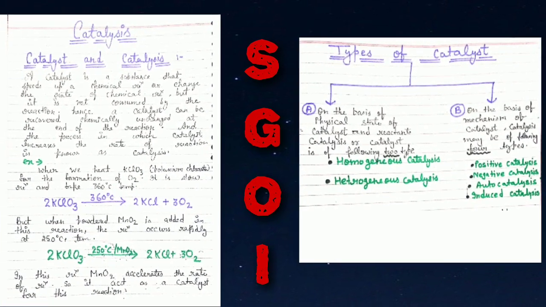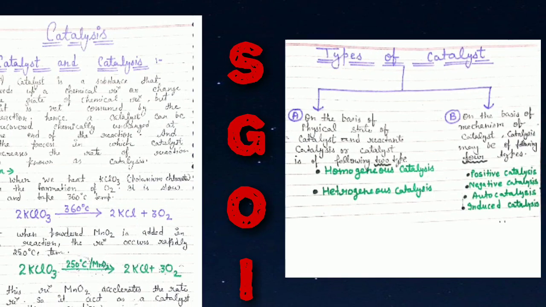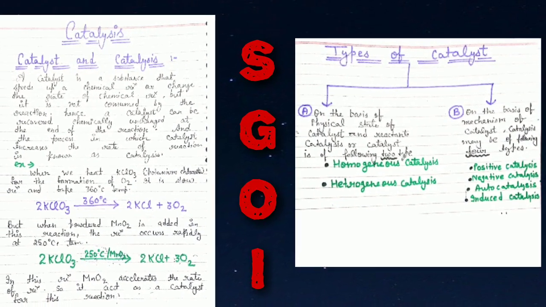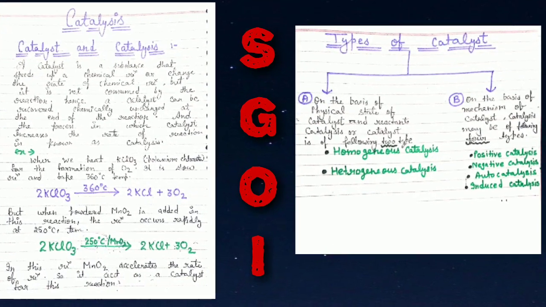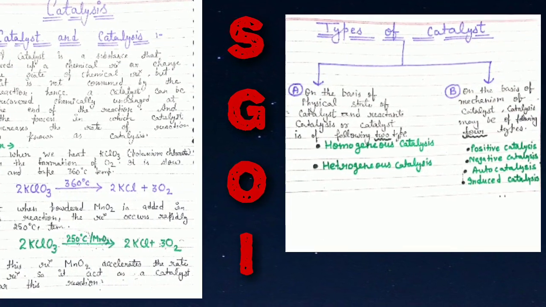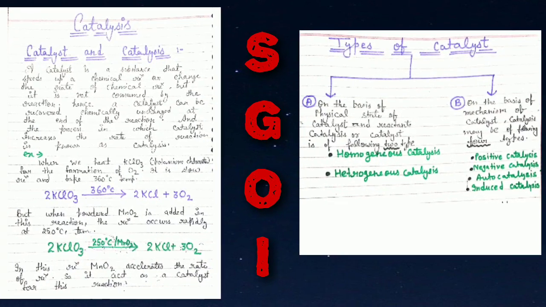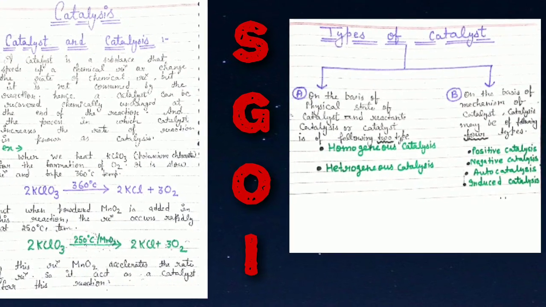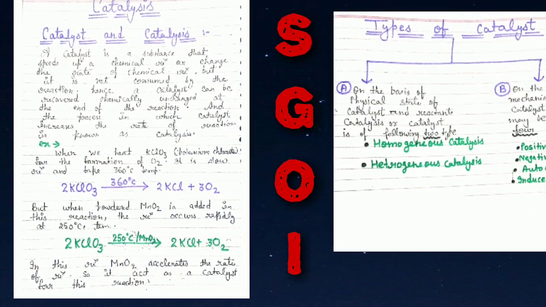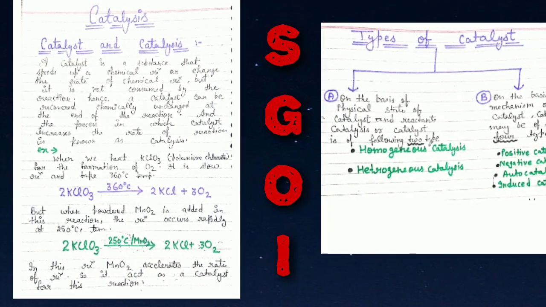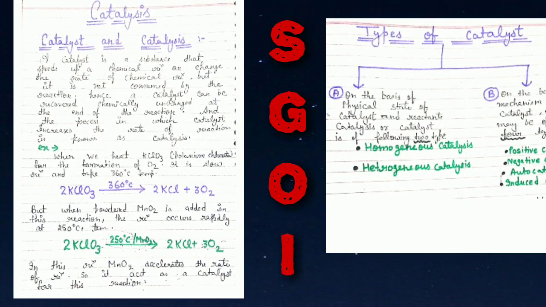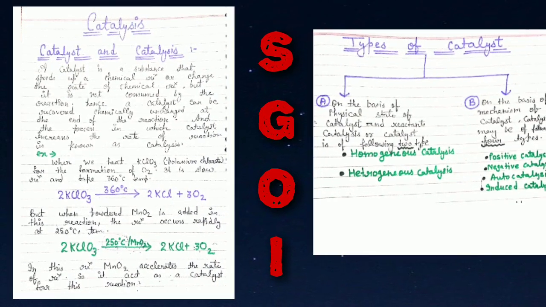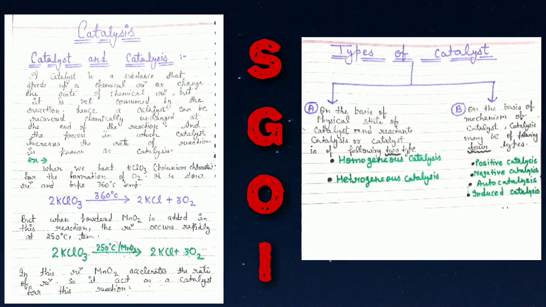It means sodium sulfite Na2SO3 oxidizes into Na2SO4, as well as sodium arsenite Na3AsO3 oxidizes into Na3AsO4, that is sodium arsenate. So here the oxidation reaction of sodium sulfite to sodium sulfate induced the oxidation reaction of sodium arsenite.